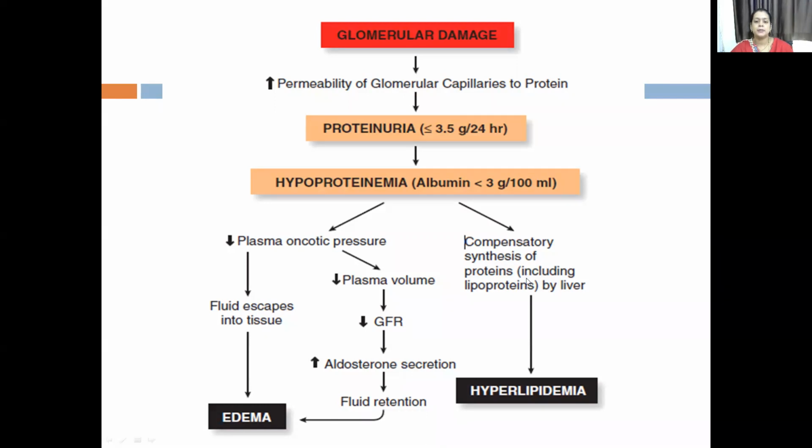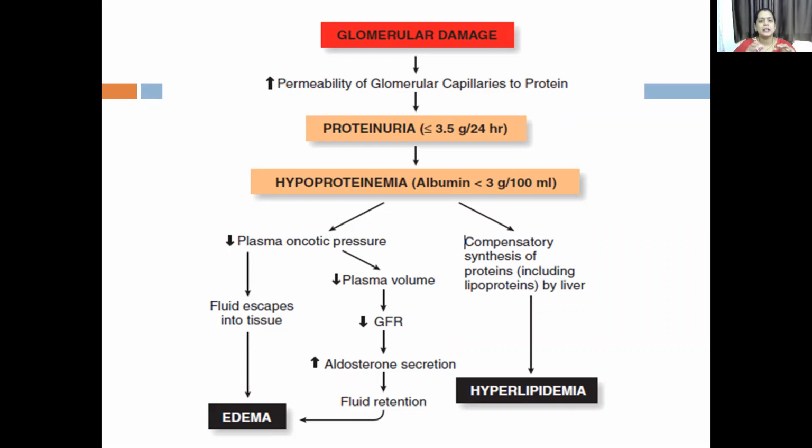Now there is compensatory synthesis of proteins by the liver because of the hypoproteinemia. This is the result of hyperlipidemia. Initially there is glomerular damage and proteinuria. Because the glomerulus is damaged, there is a plasma protein leak, causing hypoproteinemia, and the proteins are the ones maintaining the oncotic pressure.